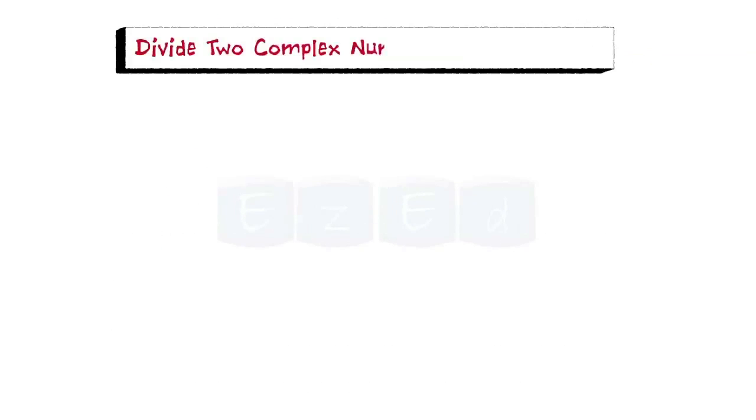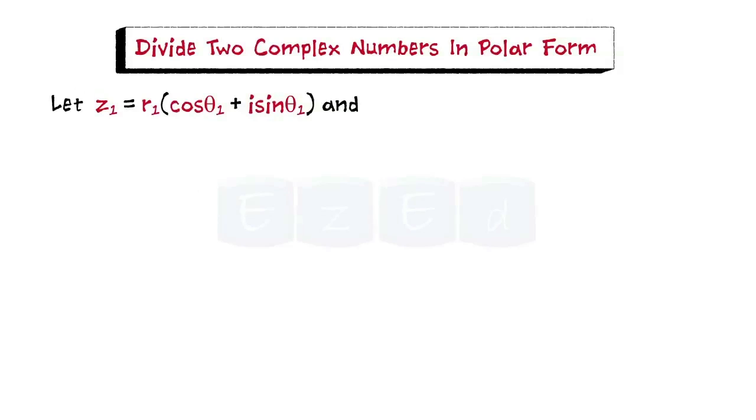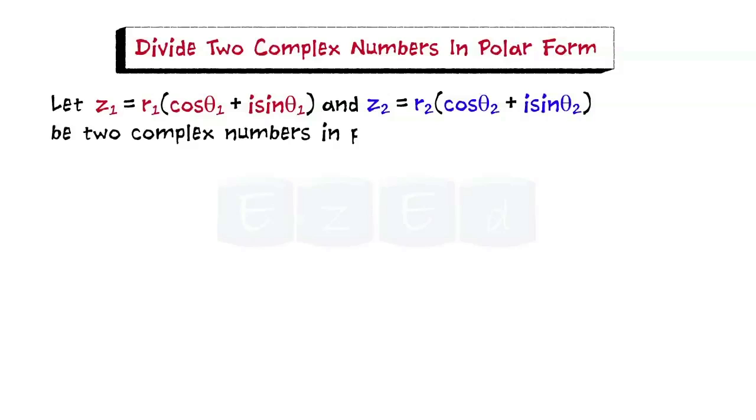Let's now divide two complex numbers in polar form. Let z1 equal to r1 cos theta 1 plus I sin theta 1 and z2 equal to r2 cos theta 2 plus I sin theta 2 be two complex numbers in polar form.